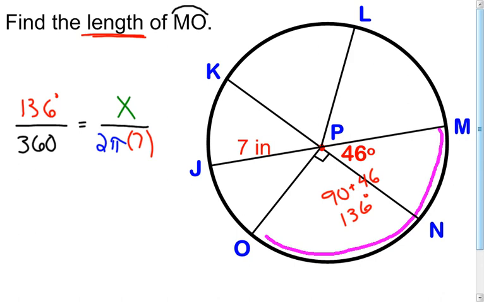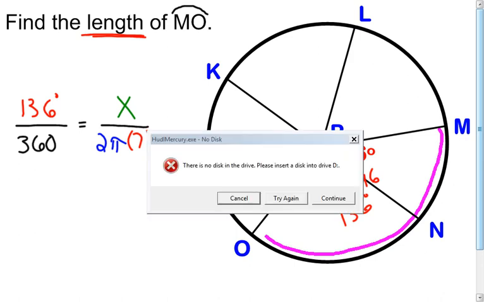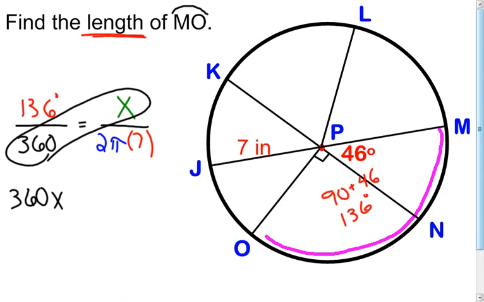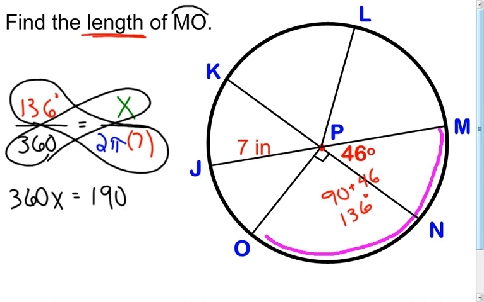Now it's just a matter of solving my proportion. So I'm going to start off by cross-multiplying. Sorry about the little pop-up. That's gone. Now let me finish solving this. So 360 times x, and then equals, now I'm going to multiply this way. I'm going to end up with 1,904 pi. Now notice I didn't put the pi, the approximation, in there yet. I'm just going to leave it like this.